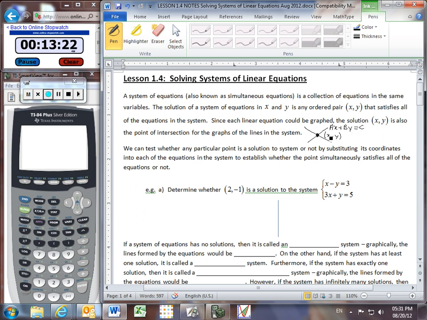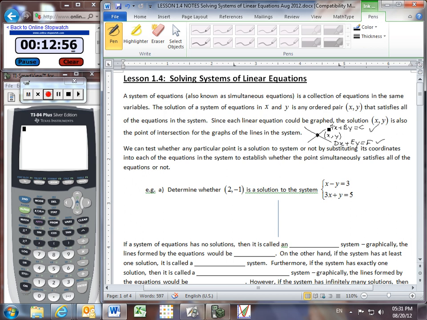And so if I substitute the x here and the y here, I will get, yes, it works. And likewise, if I've got, say, dx plus ey equals f, and if I substituted the x and the y into this equation, then again it would work. This means that the point is on this line, and the point is on this line. Hence, the point must be on both lines and must represent an intersection between the graphs of the lines in the system.